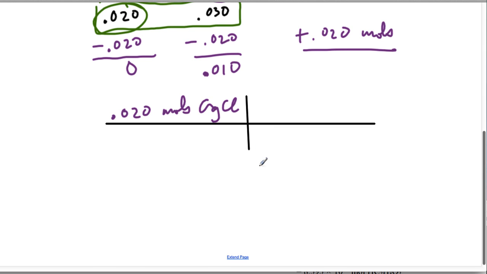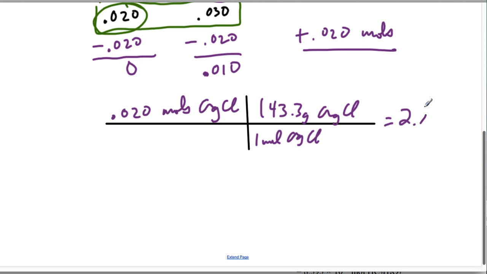Well, I do 1 mole of AgCl is equal to like 143.3 grams of AgCl. So then all I do is I take 0.02 times 143.3. I get like 2.87 grams. We'll say 2.9, two sig figs, 2.9 grams of AgCl.